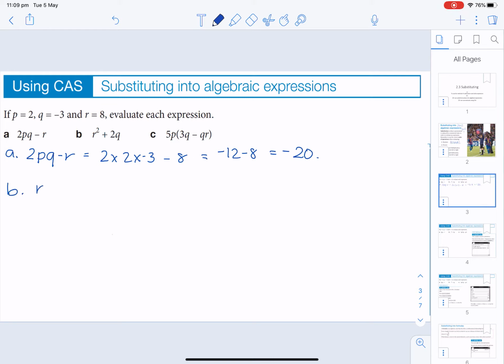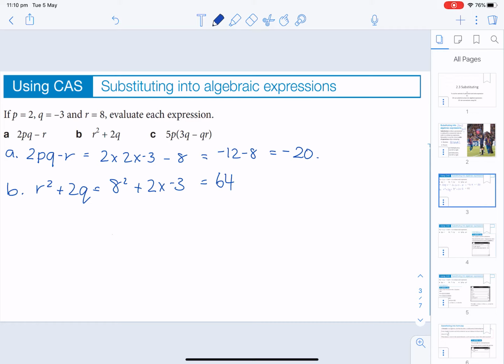B, R squared plus 2Q. I'm still using those same three values across the top of P equals 2, Q equals -3 and R equals 8. I substitute them in there. My R value of 8, 8 squared plus 2 times -3. Remembering, I'm doing my brackets first, no brackets, then I do my powers or my indices, and that will give me 8 squared, which is 64.